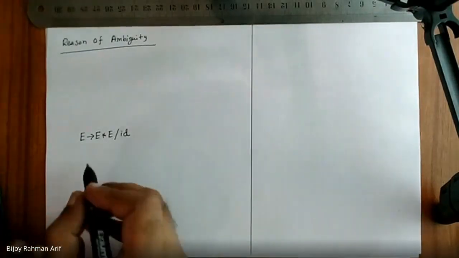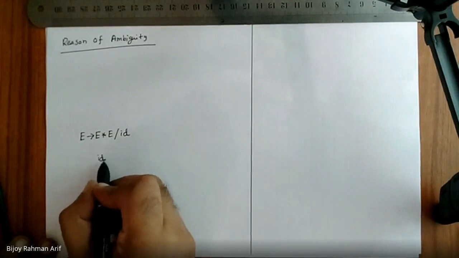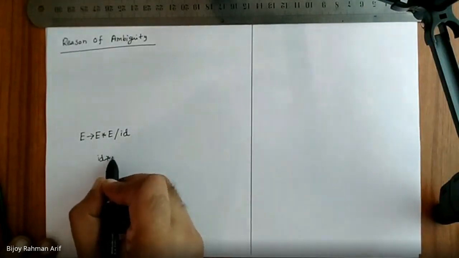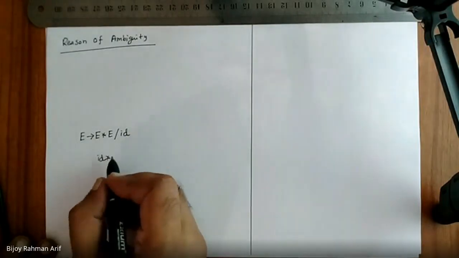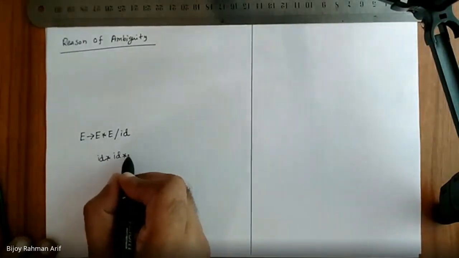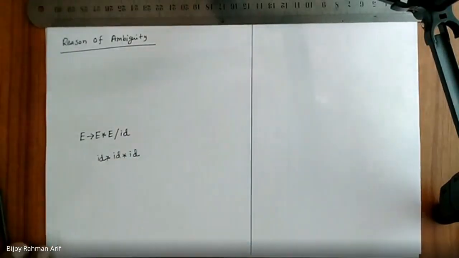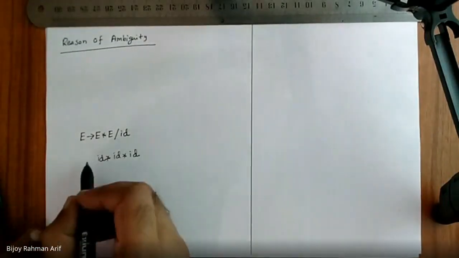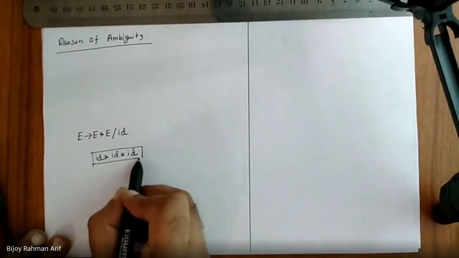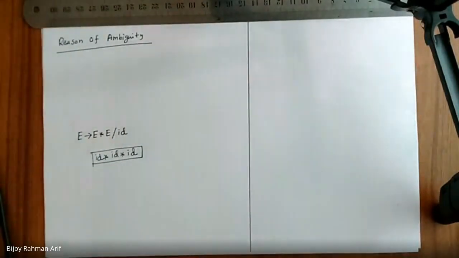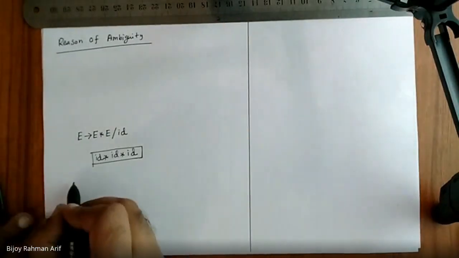How about this string? ID star ID star ID. Now tell me, can we come up with two different parse trees? Just try.